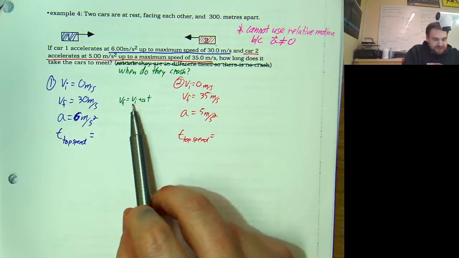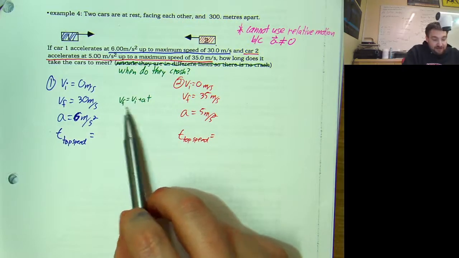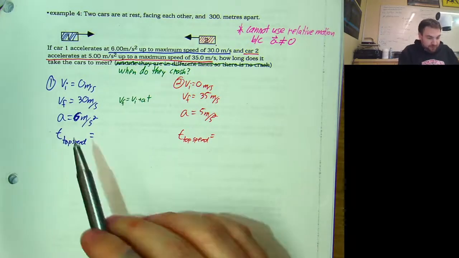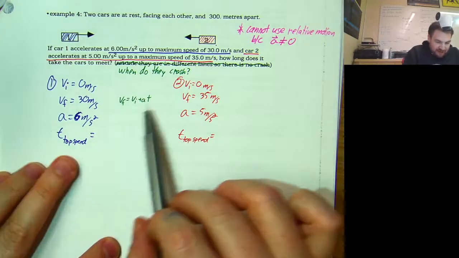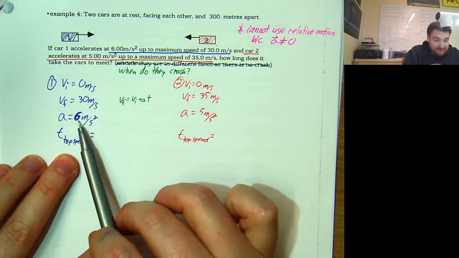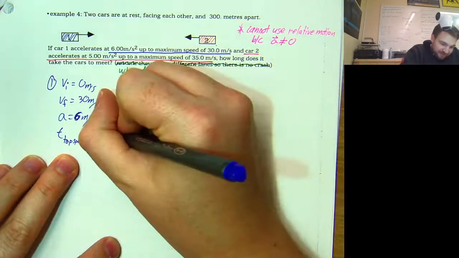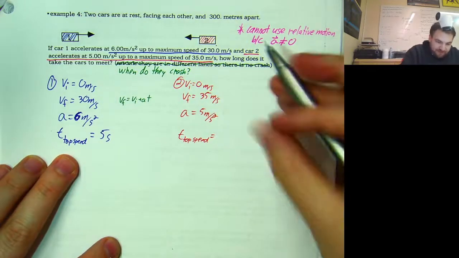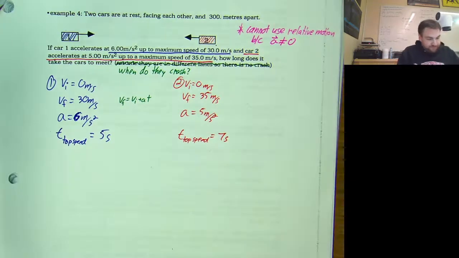My VI is equal to 0, so my time is just going to be my final velocity divided by my acceleration. So for the blue guy here, the time is going to be the final velocity, 30, divided by my acceleration, 6. 30 divided by 6 is 5 seconds. And for my top speed here, 35 divided by 5 is 7 seconds.